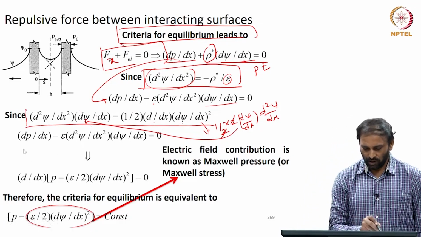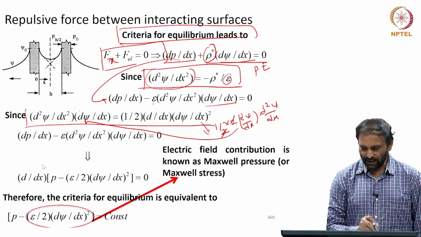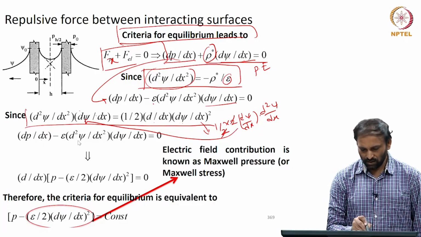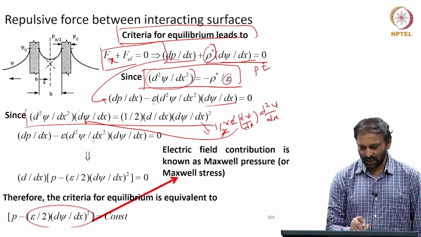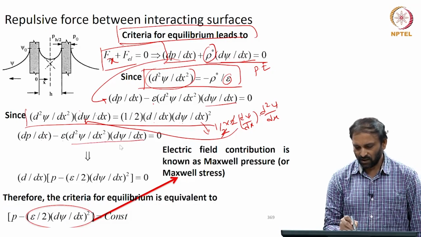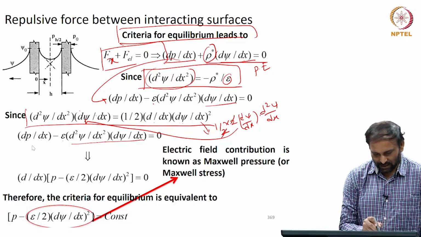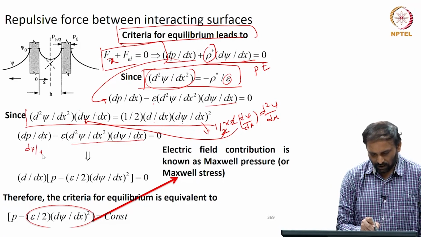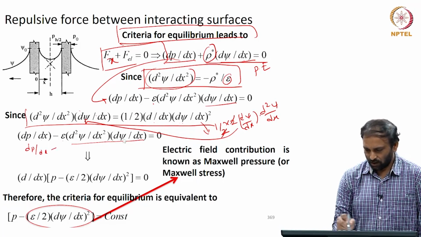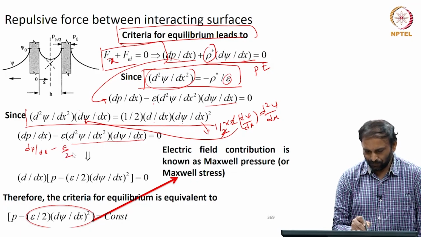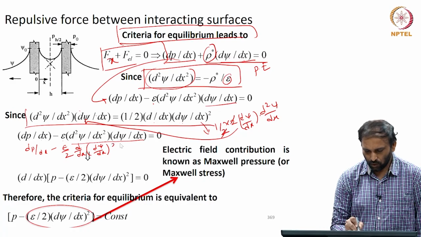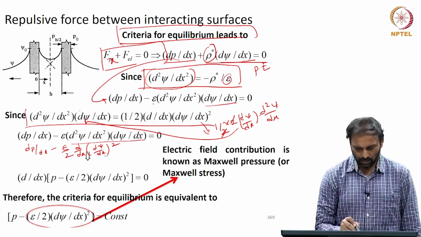So, therefore, dp by dx minus epsilon times d square psi by dx square times d psi by dx, I can write this as dp by dx minus epsilon divided by 2 times d by dx of d psi by dx whole square, right.